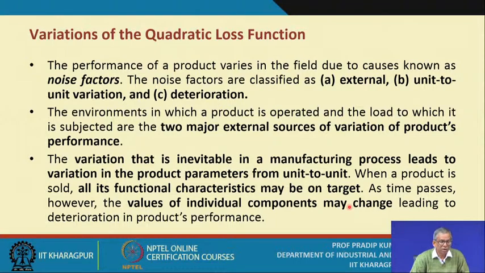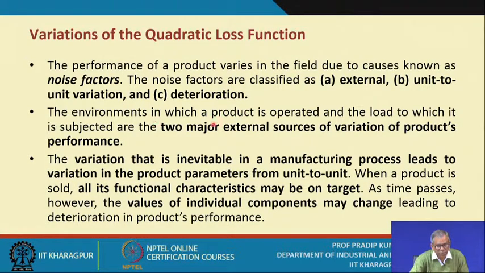Now the performance of a product varies in the field due to causes known as noise factors. The noise factors are classified as external, unit to unit variation and deterioration. We have already mentioned all these three factors.